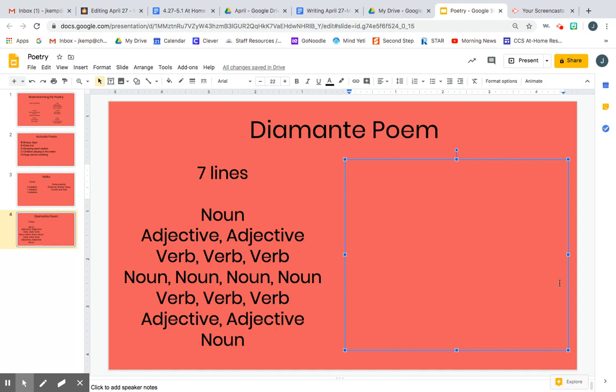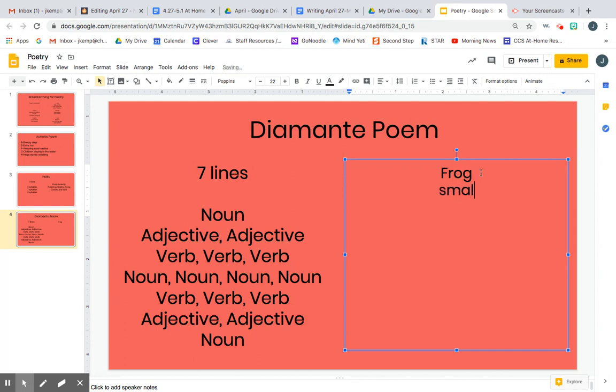So I'm going to go ahead and get started, and my Diamante poem is going to be about a frog. A frog is a noun, so that's going to be my first line. It's going to be frog. Then I need 2 adjectives.